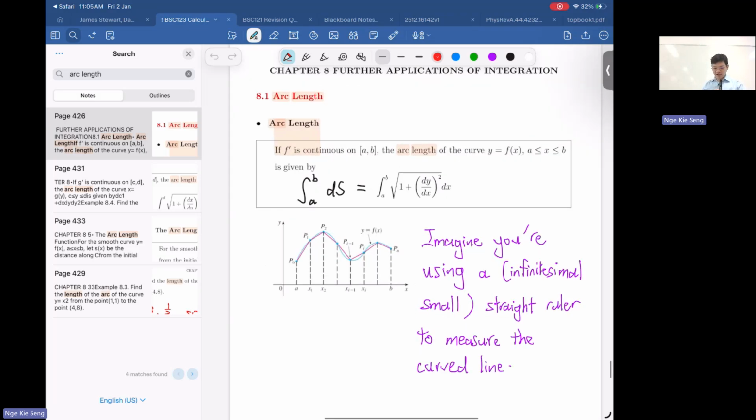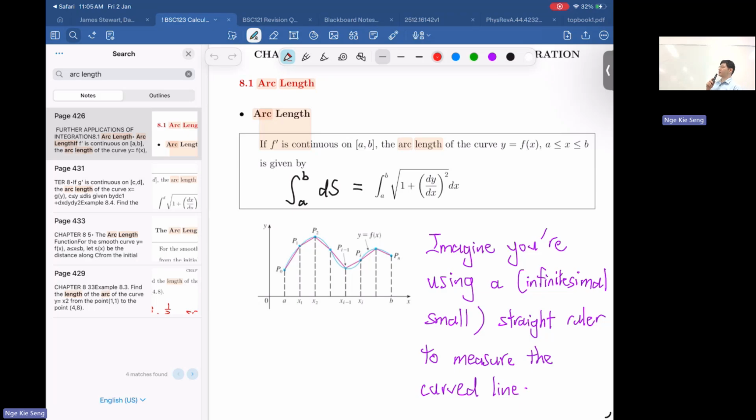So for the arc length, what do you need to do? You are integrating the square root of 1 plus dy over dx squared. Okay, I give you a curve and then you take the derivative, take the square, plus 1, take a square root, and then integrate along the x you want.